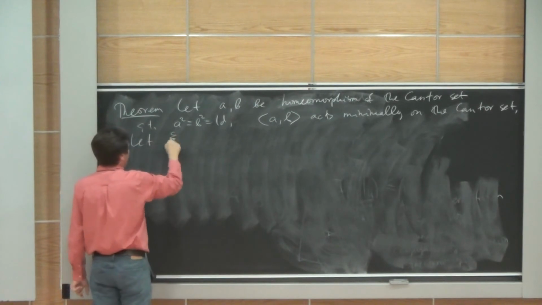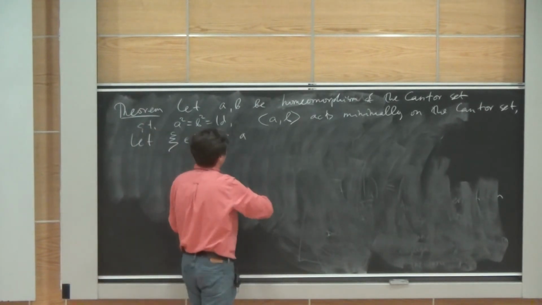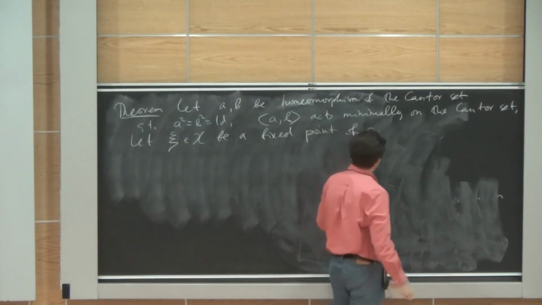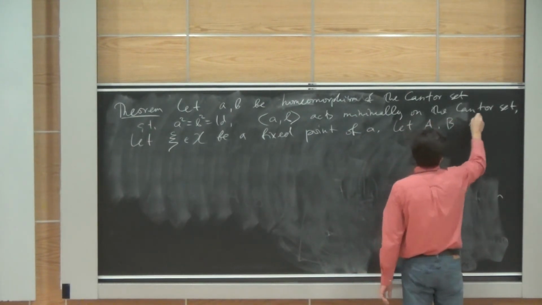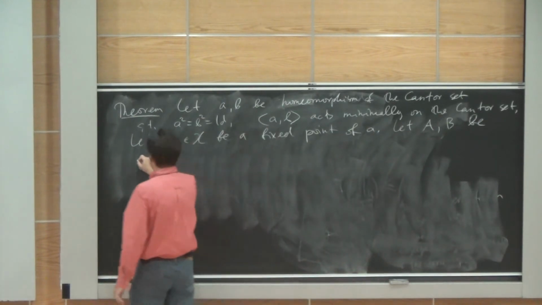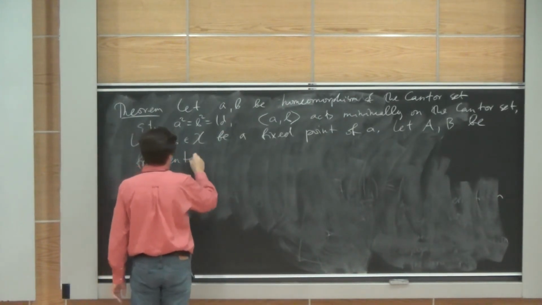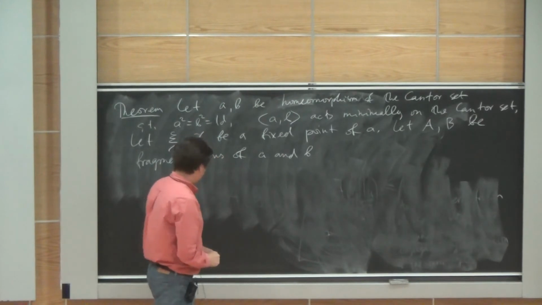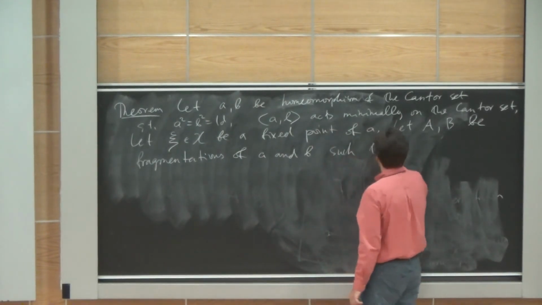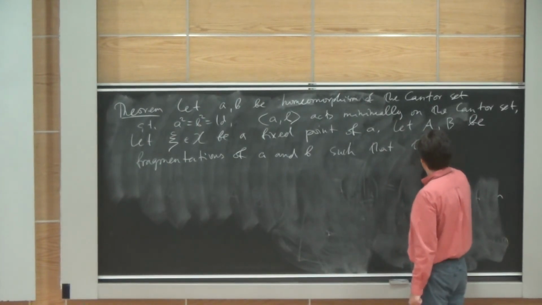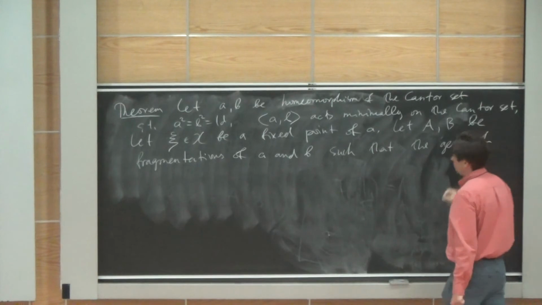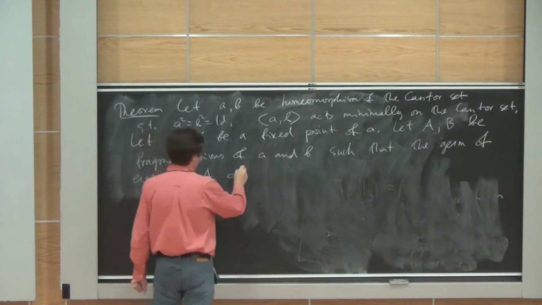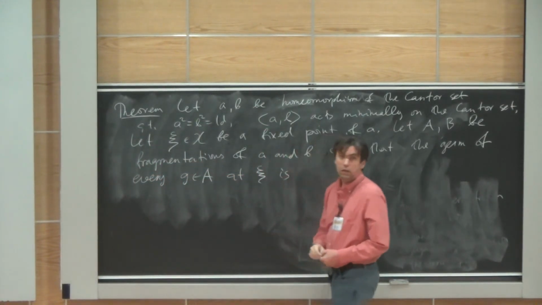Let psi in X be a fixed point of A, and let 𝒜 and ℬ be fragmentations of A and B such that the germ of every g in 𝒜 at psi is different from the germ of A.